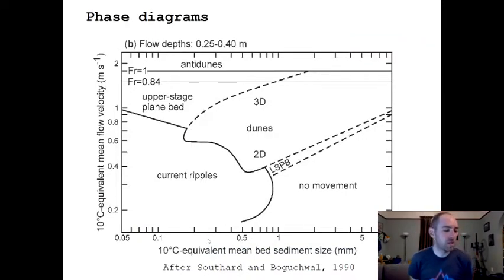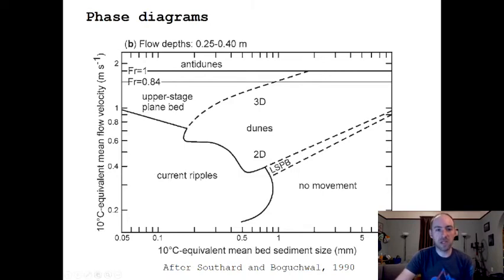But the reason we do this is because we, as stratigraphers, might see the deposits of one particular type of bed form in the rock record, and we might be interested in understanding what the flow velocity was, given that particular grain size and that particular bed form that was left behind. And that might tell us something about the flow speed or the fluid dynamic conditions of that river in the past, which is actually really useful for us to know as stratigraphers.